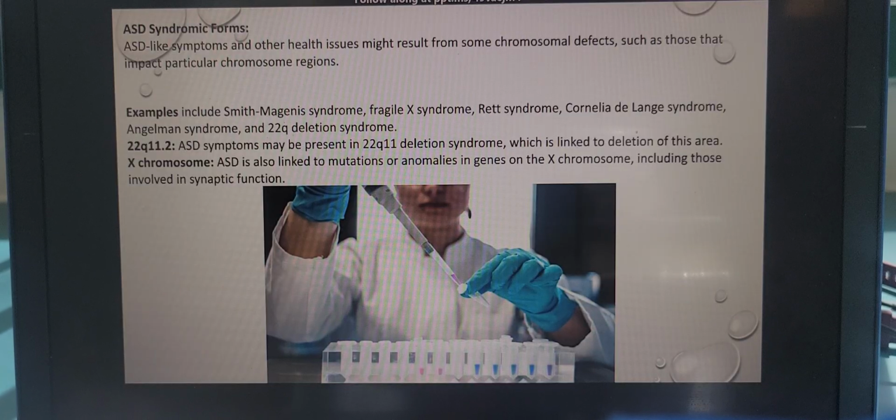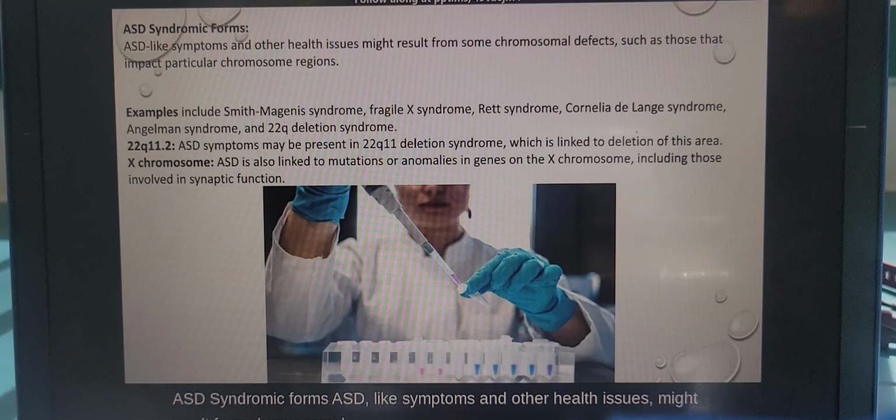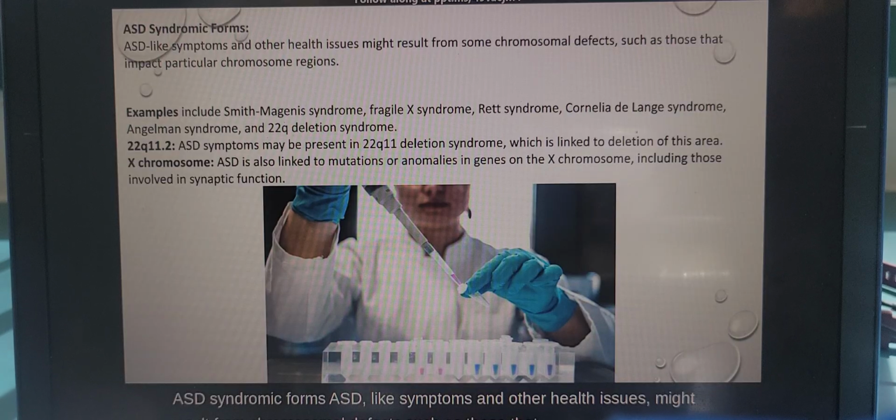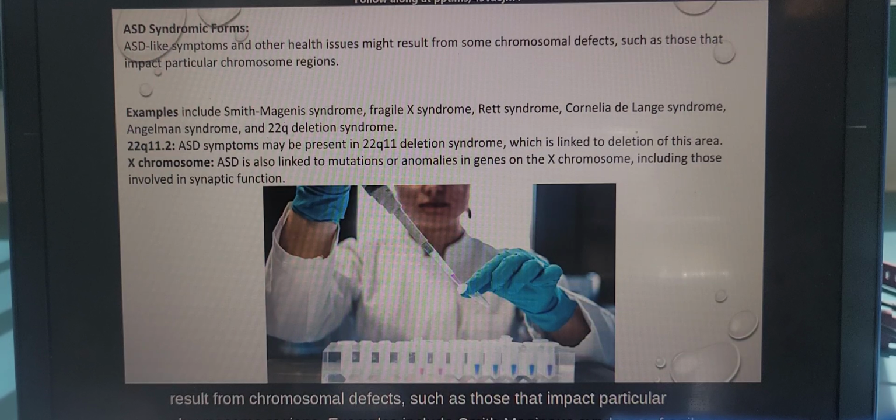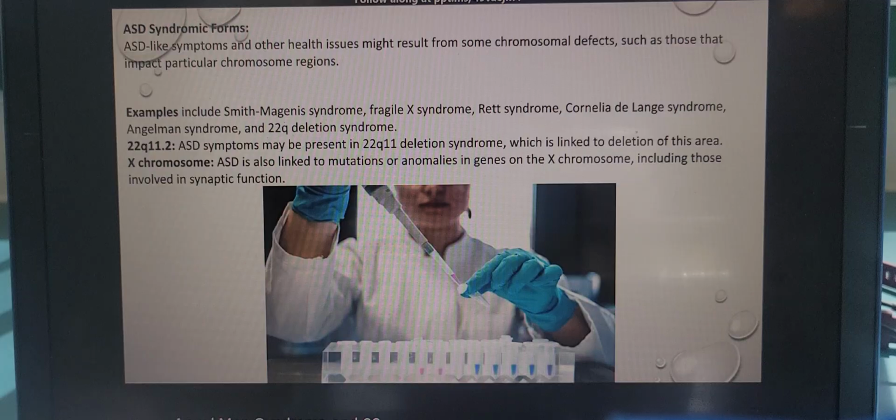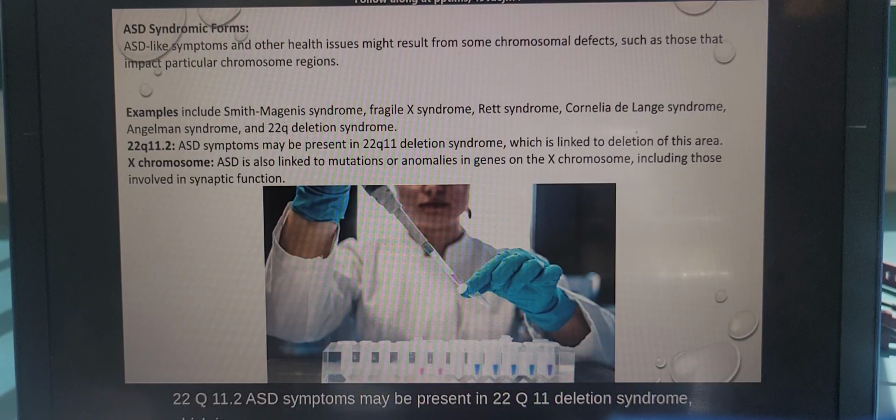ASD syndromic forms. ASD-like symptoms and other health issues might result from chromosomal defects, such as those that impact particular chromosome regions. Examples include Smith-Magenis syndrome, Fragile X syndrome, Rett syndrome, Cornelia de Lange syndrome, Angelman syndrome, and 22q deletion syndrome. 22q11.2: ASD symptoms may be present in 22q11 deletion syndrome, which is linked to the deletion of this area.